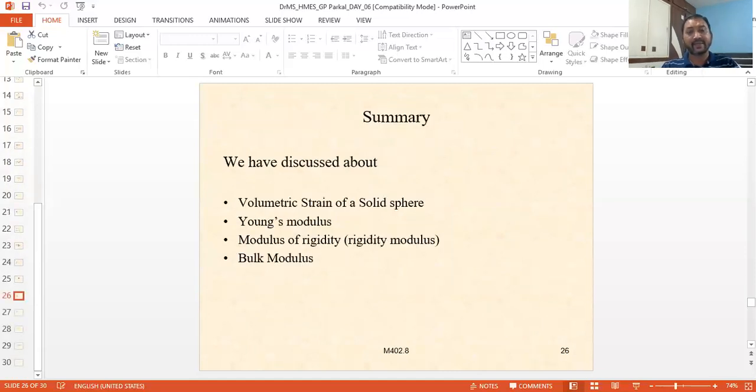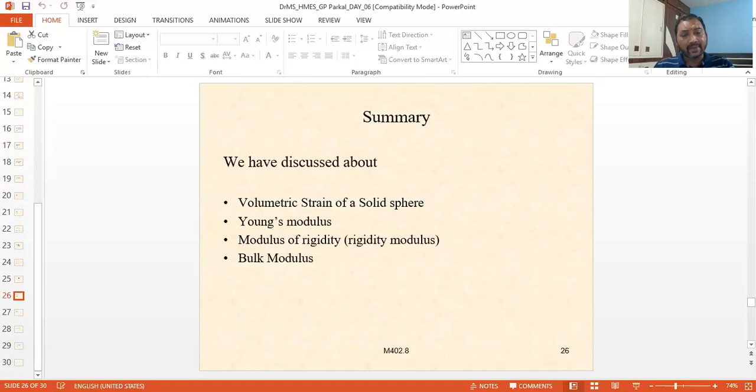Now coming to the summary part. In this class we have derived the equations for the volumetric strains of a solid, that is a circular bar and rectangular bars, and the volumetric strain is equal to e into 1 minus 2 mu, where mu is called the Poisson's ratio and e is the linear strain.